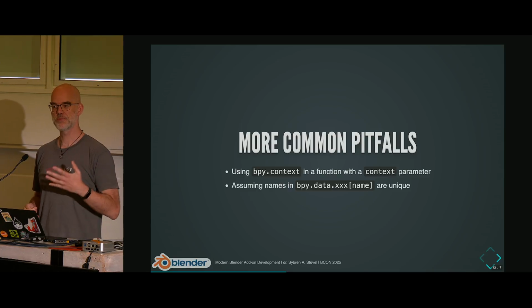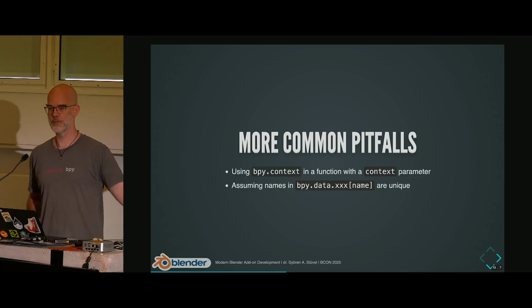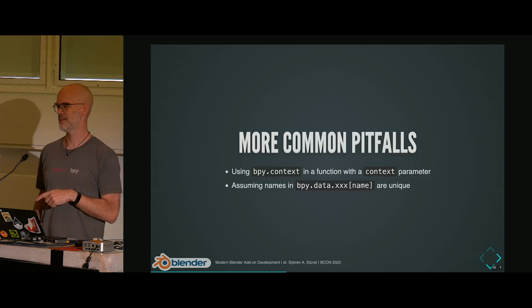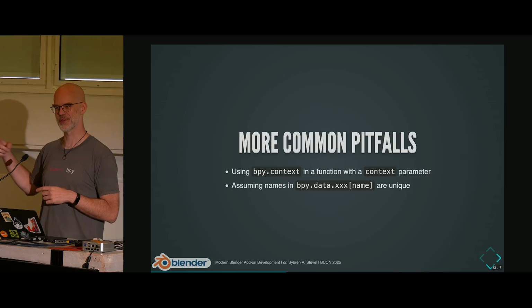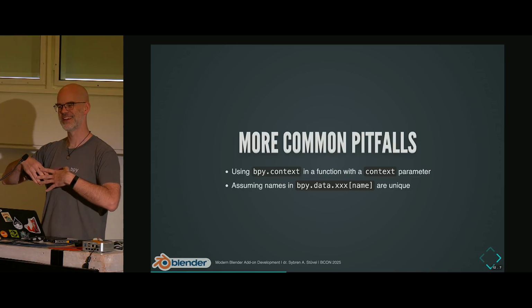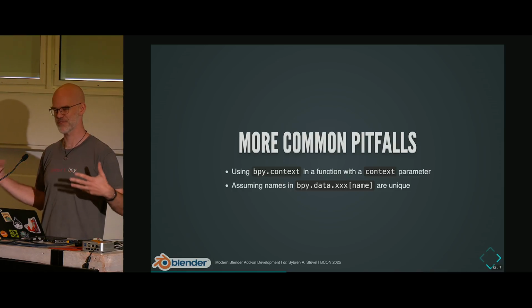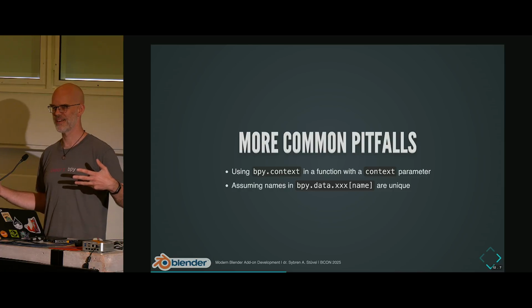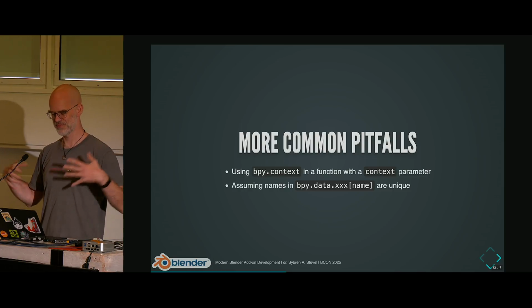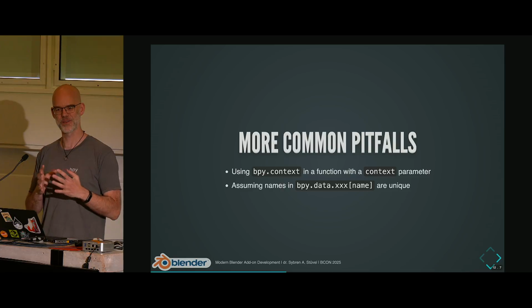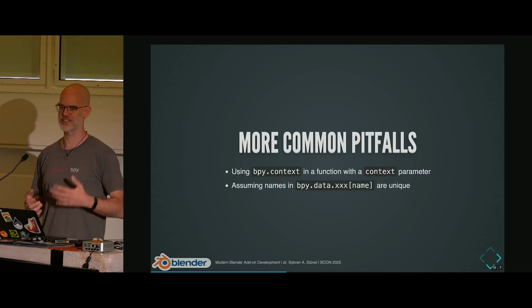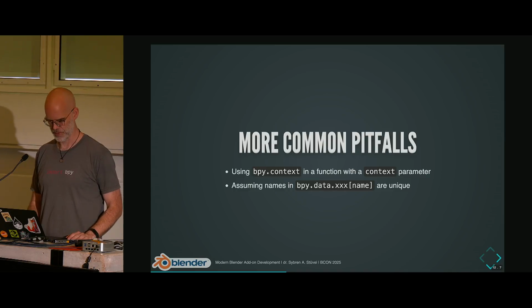That frame change could be because you're working in the 3D viewport and you're scrubbing the timeline, but it could also be because Blender is rendering and it's going from frame to frame while rendering, and those are both calling the same function except with different contexts, and both can happen at the same time in different threads. And so if you get a context from Blender, somehow use it. If not, you default to the global one.